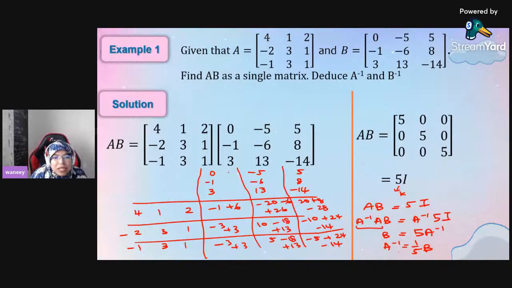So basically, in order to get B inverse, we have to times with B inverse, the same method, just like what we did earlier. Miss, row 2, column 3. Wait a moment. Row 2, column 3. Shouldn't we get 14?